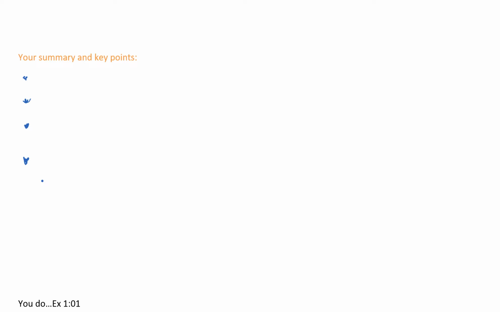You can make putting that summary together a whole lot easier by noting key points for every exercise. Break the task down into smaller pieces of work, and that will help you to construct your chapter summary at the end. I'm going to ask you to do all of exercise 101.